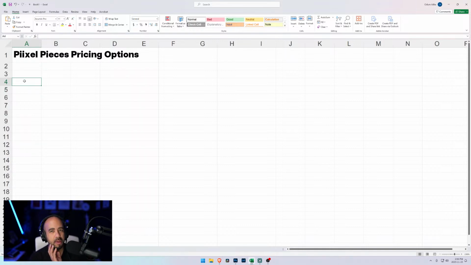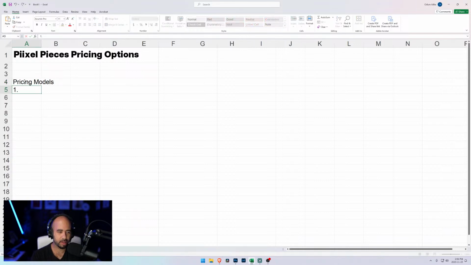Okay. So the thing that I'm thinking about is how I would like to pay for things. So let's just go pricing models. I think number one is a one-time payment.